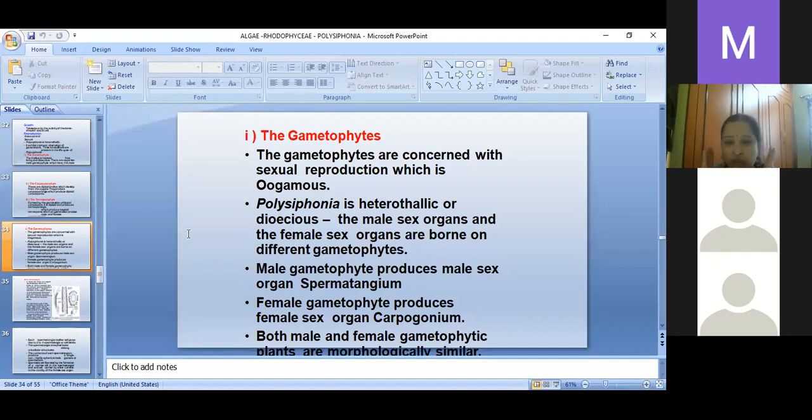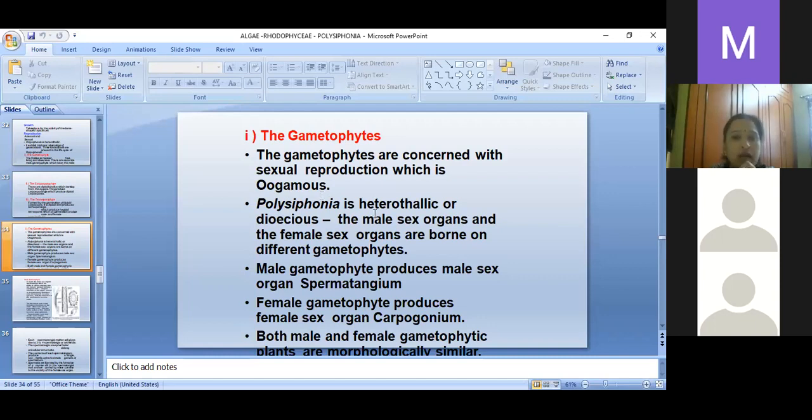Is it clear? What type of sexual reproduction can you observe? Oogamous type. The gametophytic stage is concerned with sexual reproduction in Polysiphonia, and it is of the oogamous type.